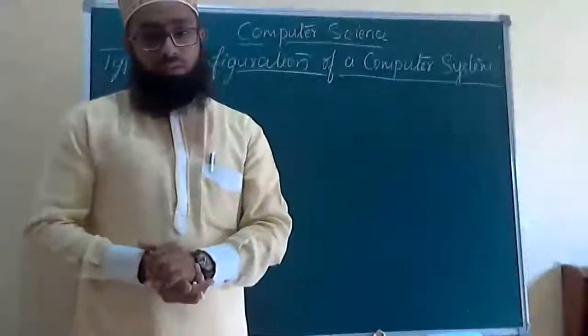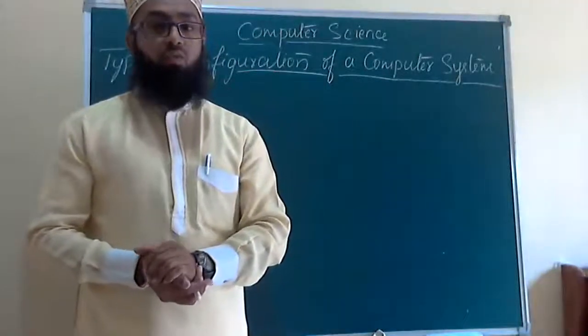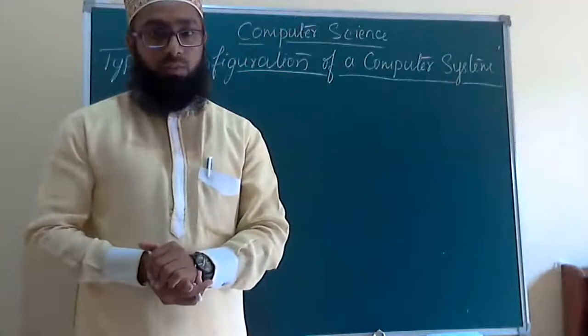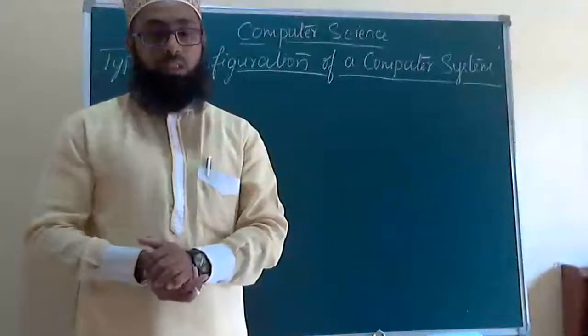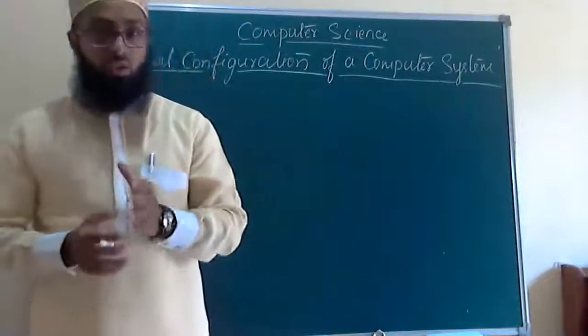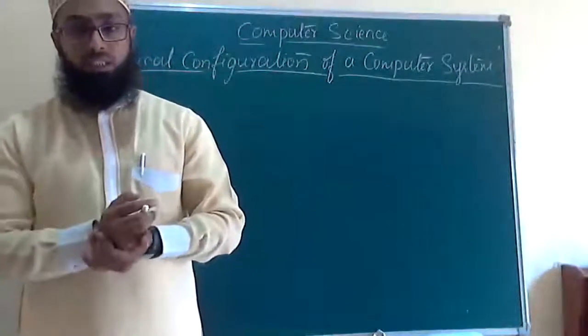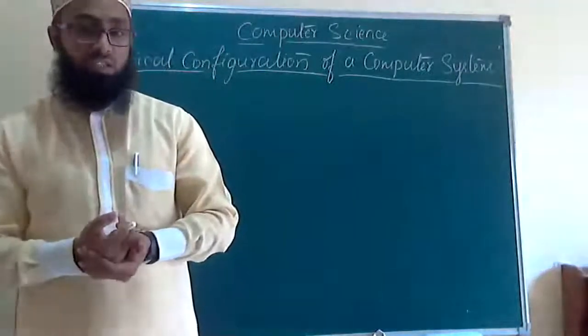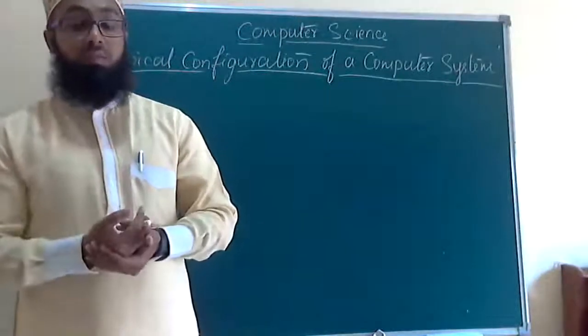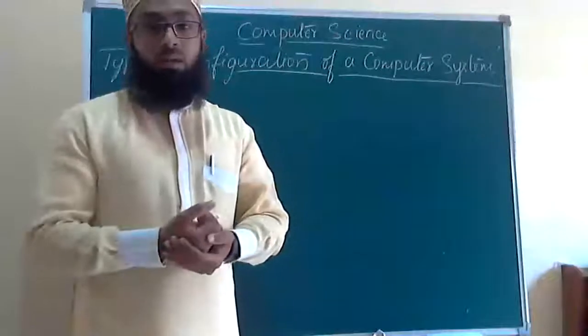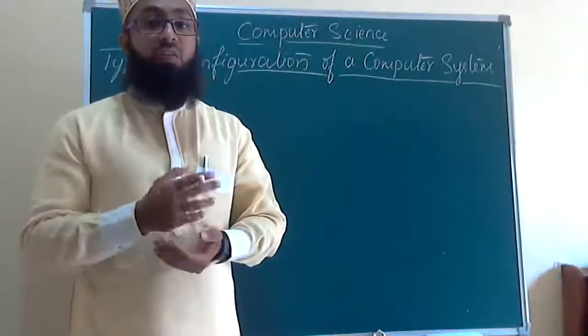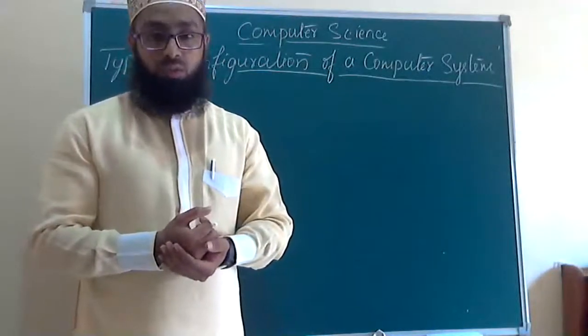So we shall start with our definition. That is, what is a computer? You may explain that a computer is an electronic machine or an electronic calculating machine, and in different definitions you may define the term computer. But there are some important and very familiar definitions regarding the computer.